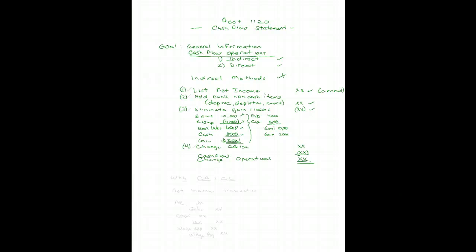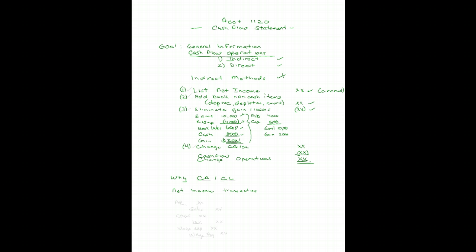I want to address a little bit why we look at current assets and current liabilities in more detail. Those are the accounts that typically change when you're working with net income. Let's look at some transactions that lead to net income.